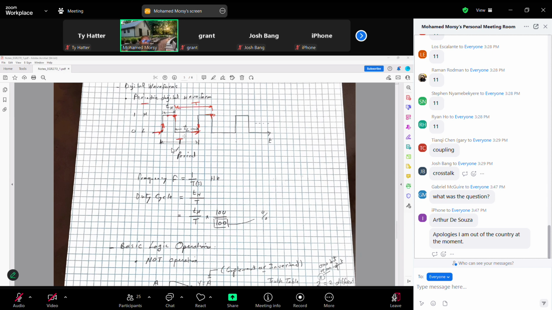This gives us the total period. So the duty cycle is T high divided by big T.